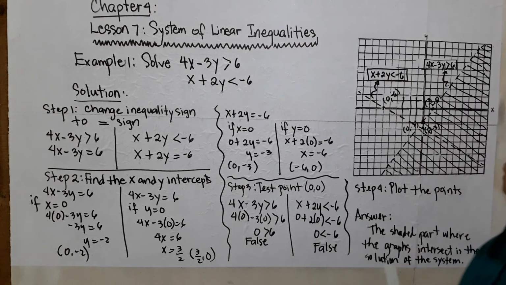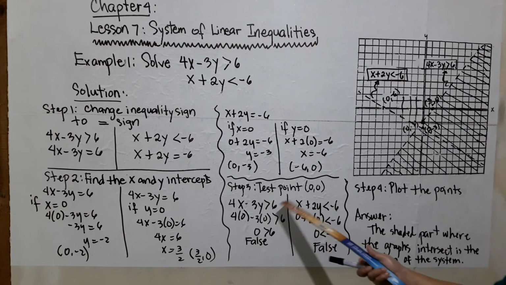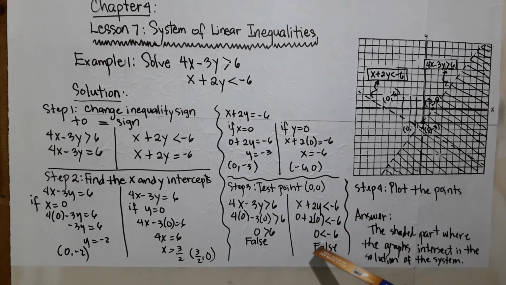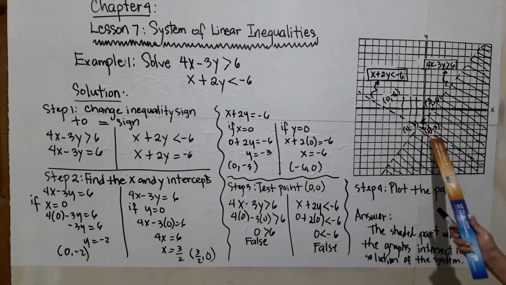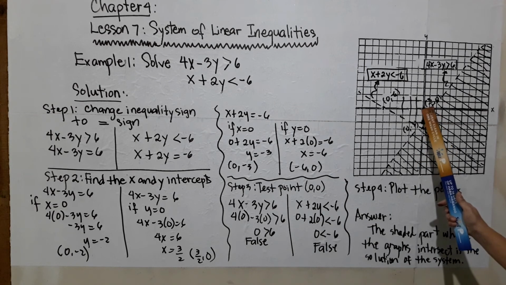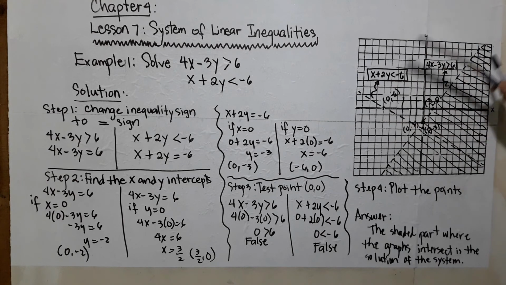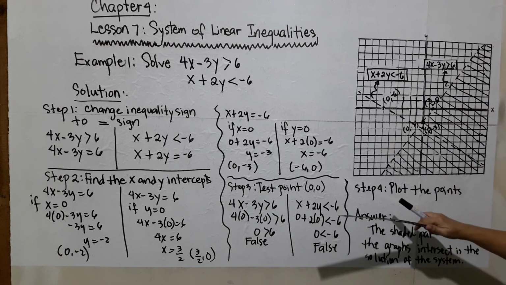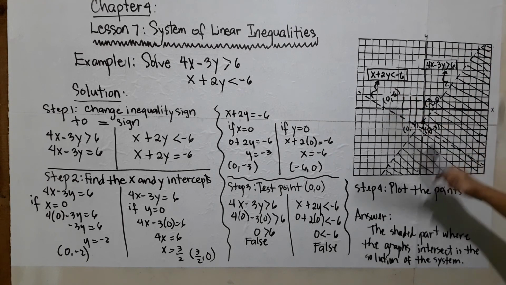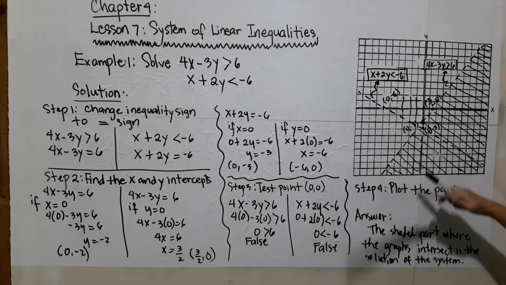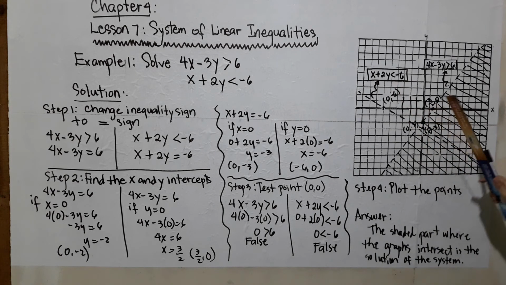But where should be the shaded part for this graph on this plane? Okay, remember when we used the test point 0, 0, the origin is not included. So the origin is here. So where should be the graph? To the upward or lower part of the line? Upper part or lower part of the line? So it should be lower because 0, 0 does not belong to the graph.